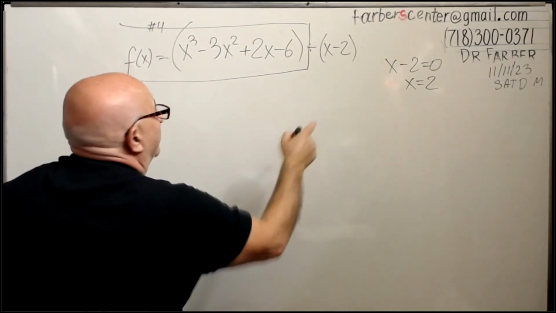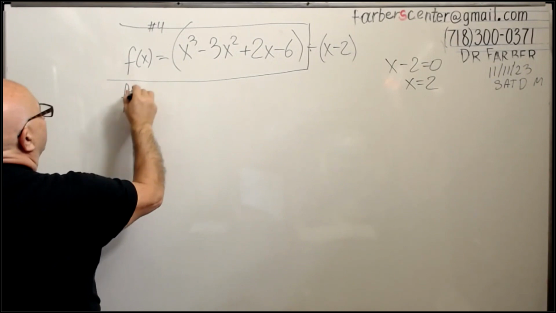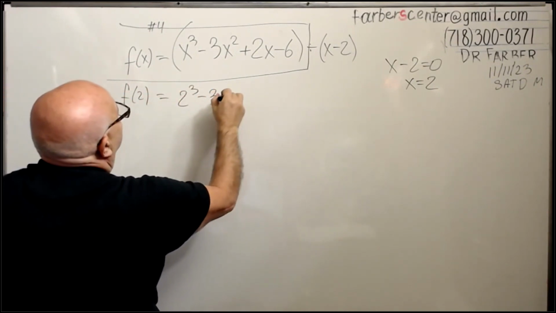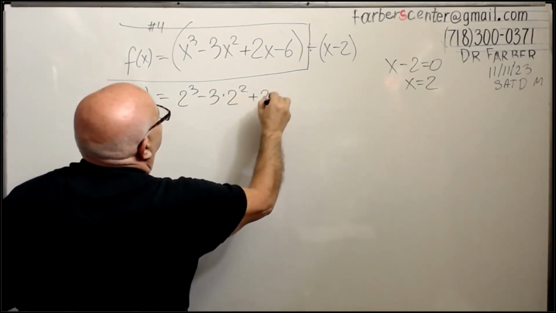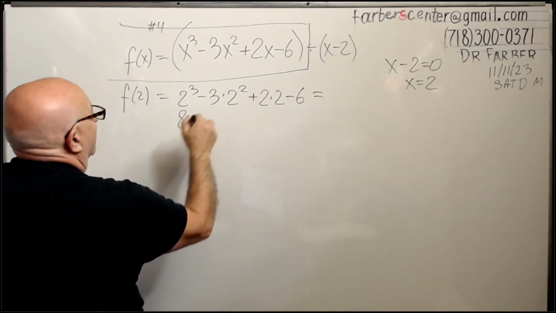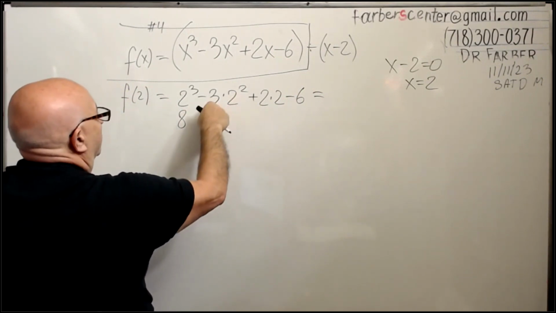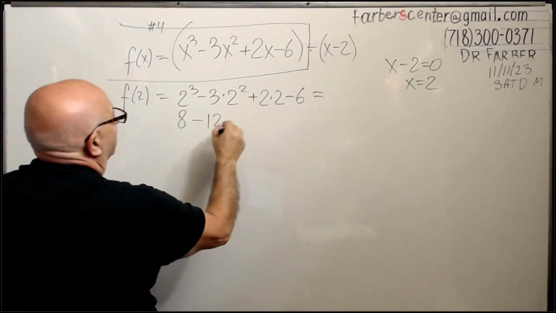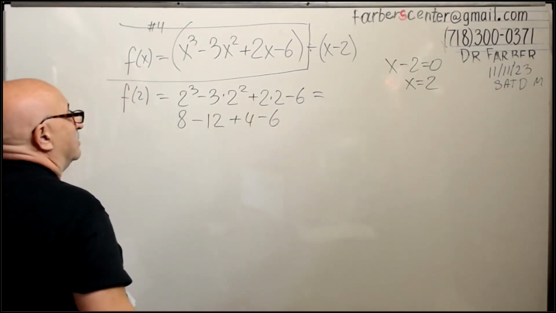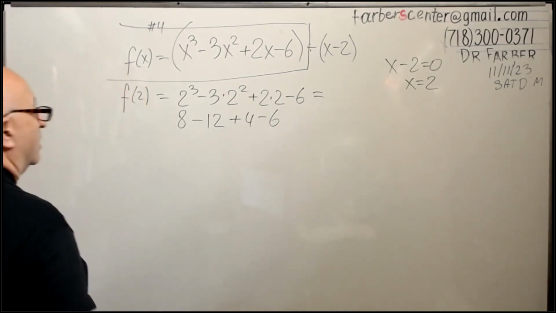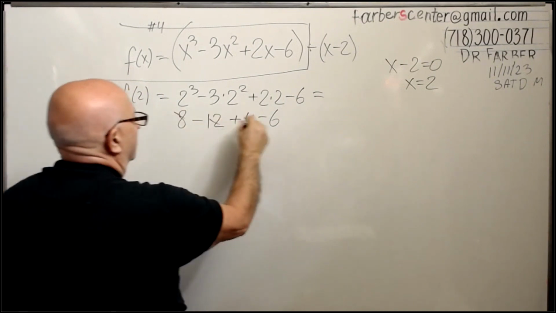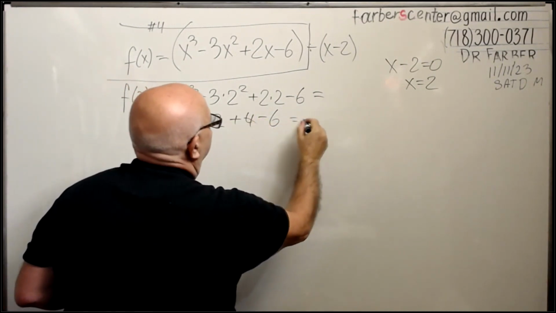According to the remainder theorem, just plug in f of 2 equals 2 to the third minus 3 times 2 to the second plus 2 times 2 minus 6 equals 8. 2 to the second is 4, times 3 is 12, minus 12, plus 4 and minus 6. Look at this: 8 plus 4 is 12, minus 12, cancel out. And the remainder would be negative 6.